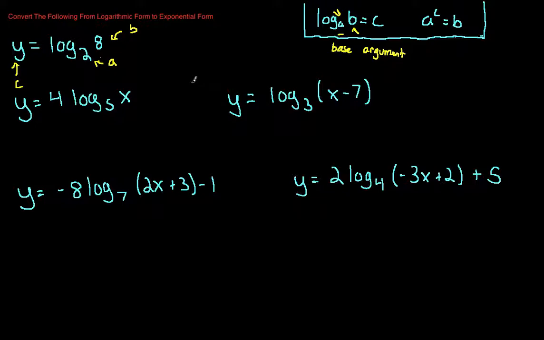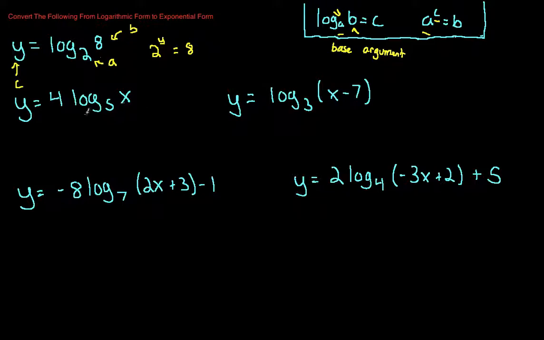When I convert this to exponential form, I write my a value, 2, raise it to y, my c value, and set it equal to 8, my b value. That's how you do a very basic logarithm problem.